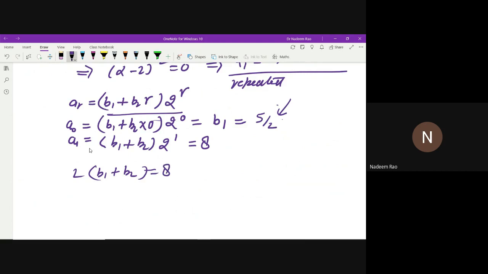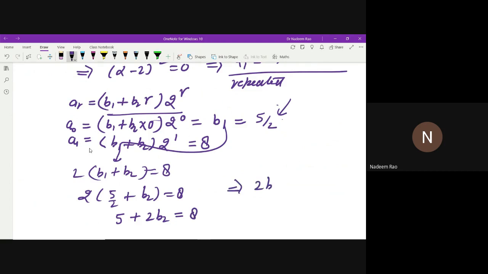If we substitute the value of B1 in this equation, then we will get 2 times 5/2 plus 2 B2 equals to 8. Then we will get 5 plus 2B2 equals to 8. And this implies that 2B2 equals to 3 and B2 equals to 3/2.